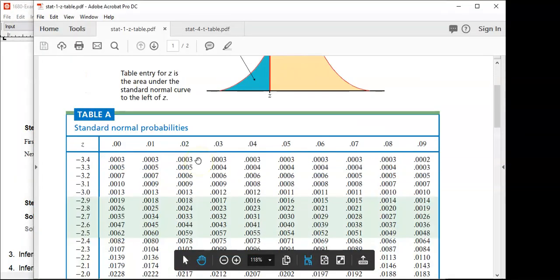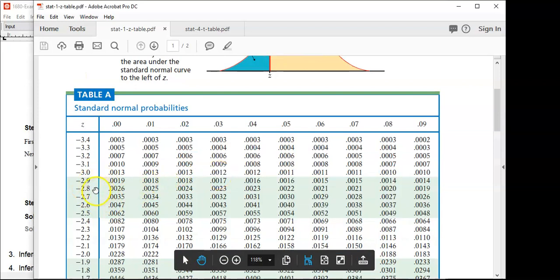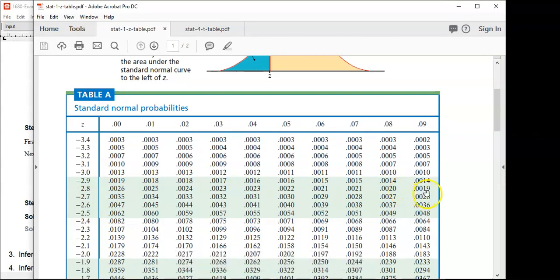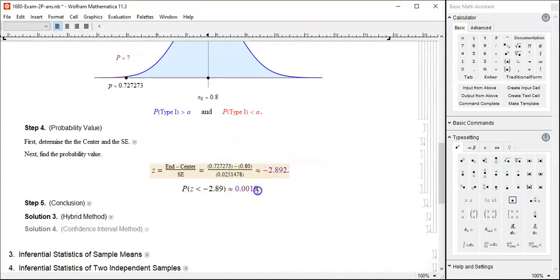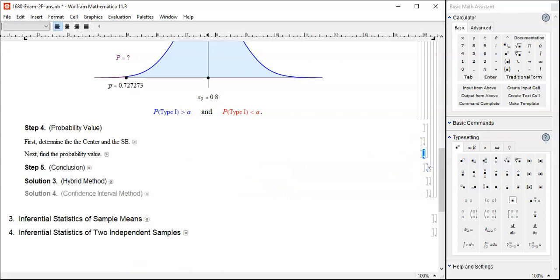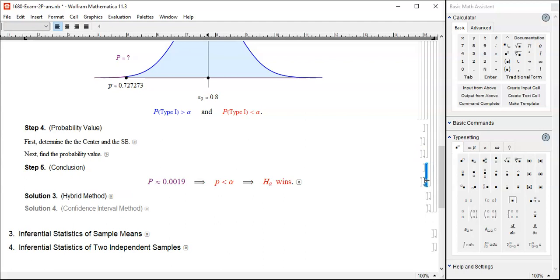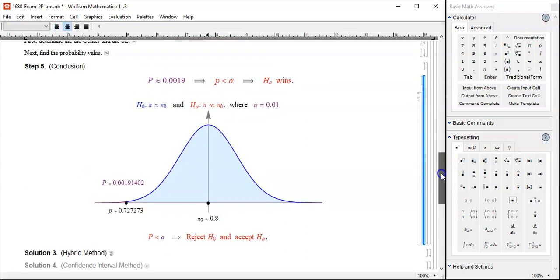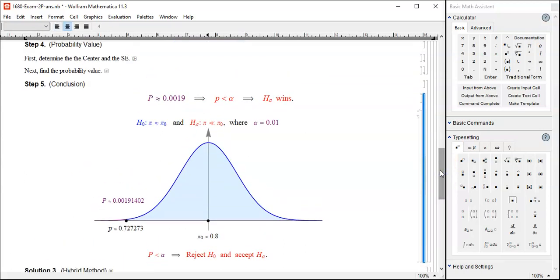Wait, it is negative 2.89, 0.0019. It's very small, smaller than 1%, certainly. So what does that mean? Smaller than alpha, so accept alternative. Bigger than alpha, then accept null.